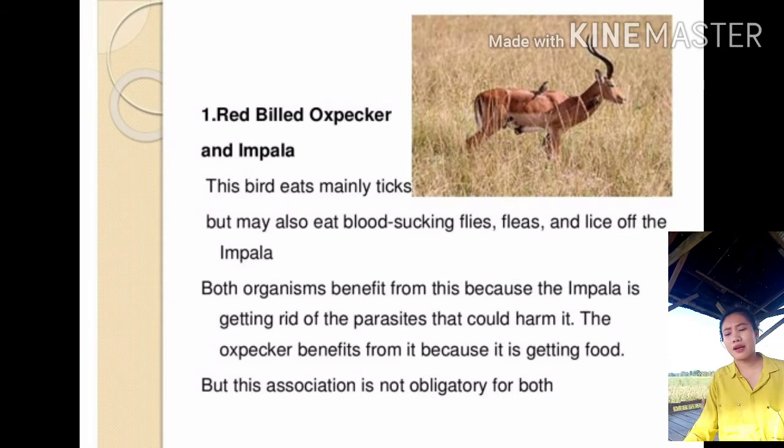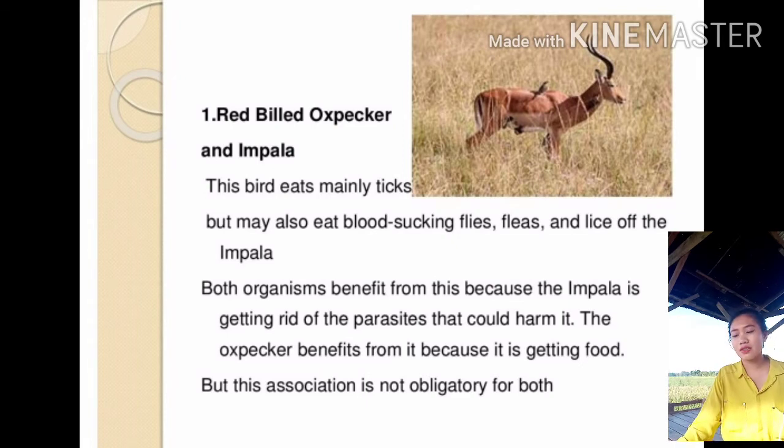Most animals have these flies, fleas, and lice. And the bird helps this animal, this impala, to get rid of those parasites that harm it. The oxpecker benefits from it because it is getting food. So while that bird gets the parasites, it is as well the food of that bird.